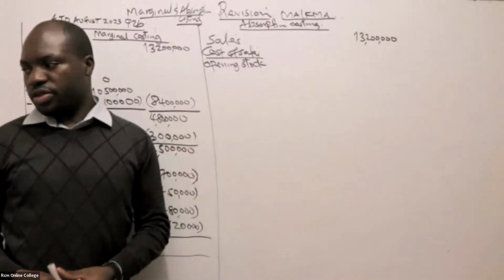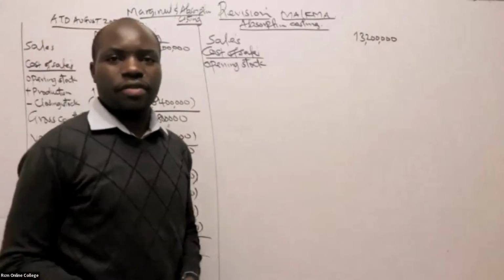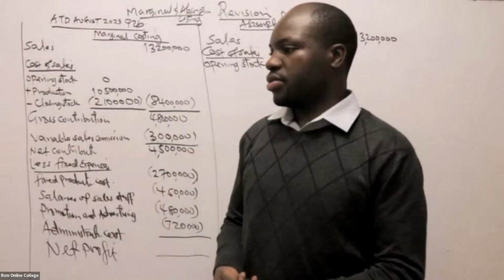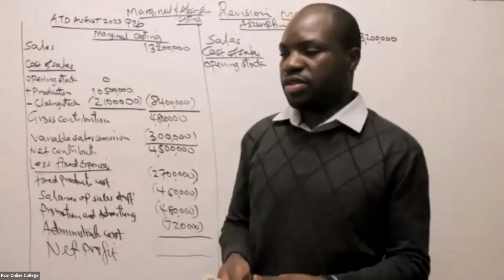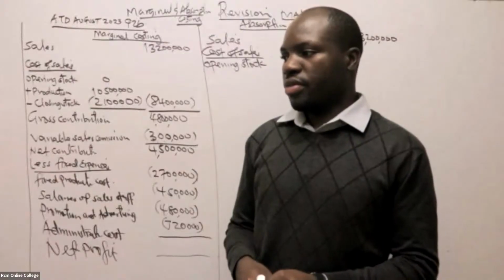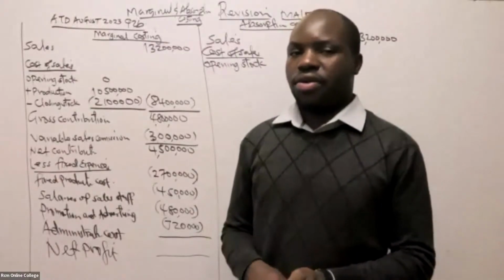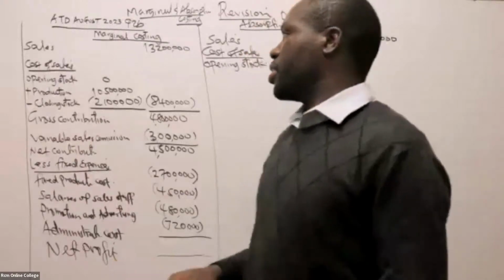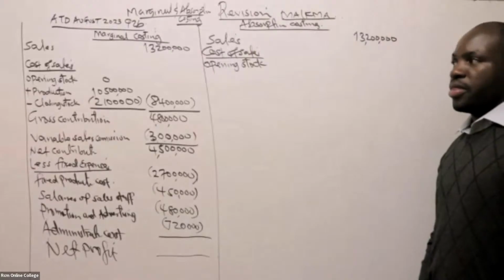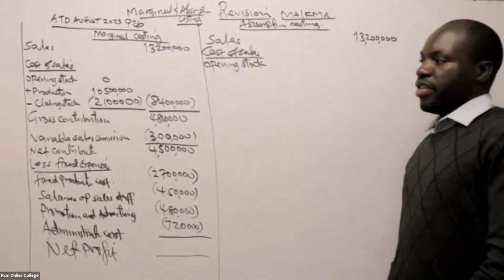Marginal cost and absorption cost figures were done during the first part, the first 5 minutes of this class. So how did we get the 350 that we are using here?